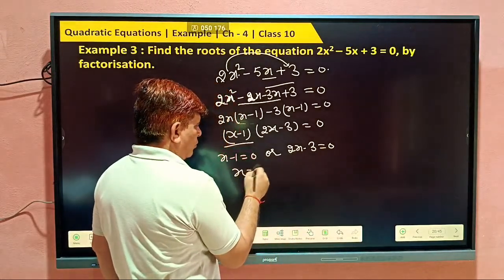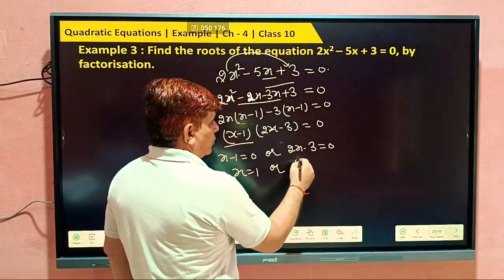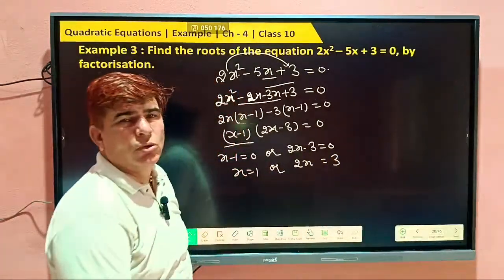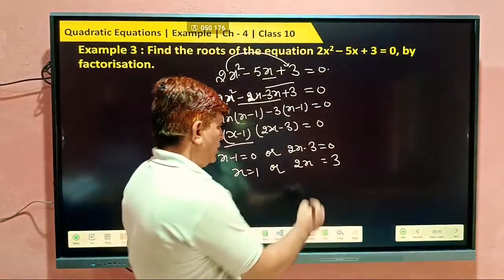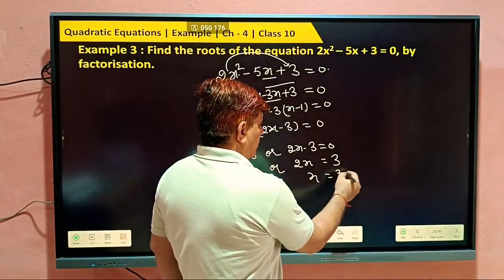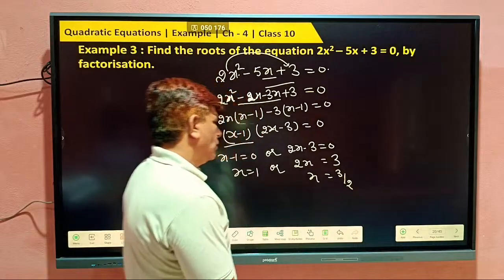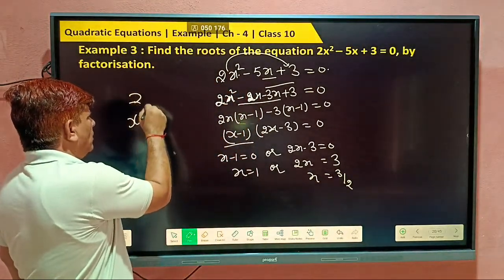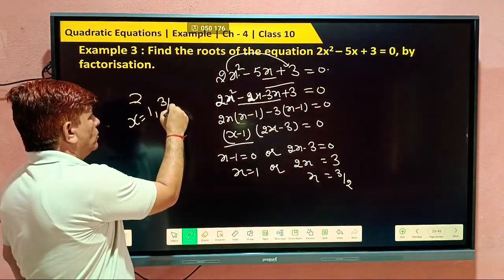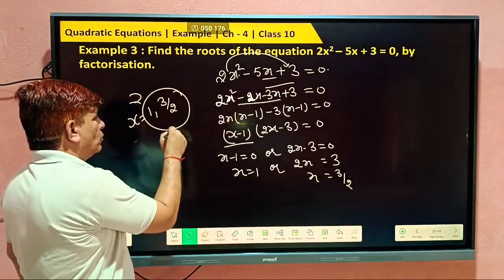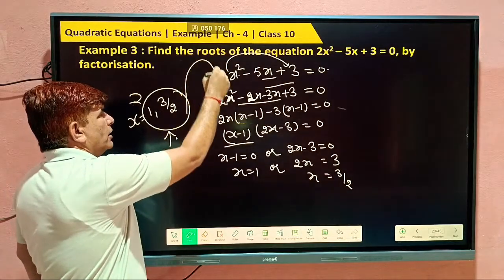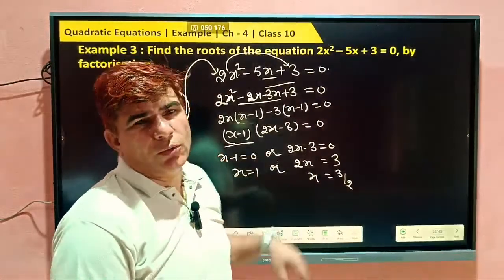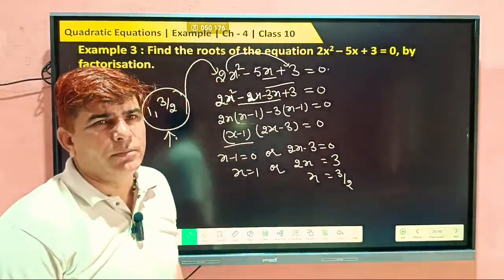So x is equal to 1, or 2x is equal to what? 3. Transferring from the left hand side to the right hand side, its sign changes. So x value is 3 by 2. So what can we say? The x values are 1 and 3 by 2. These are the two roots of the given quadratic equation, or we can say these are the solutions of this quadratic equation.